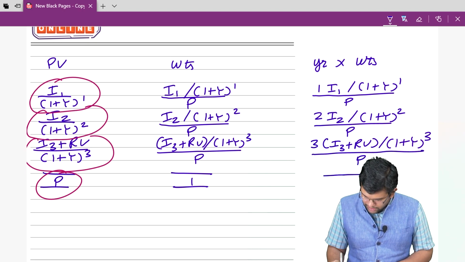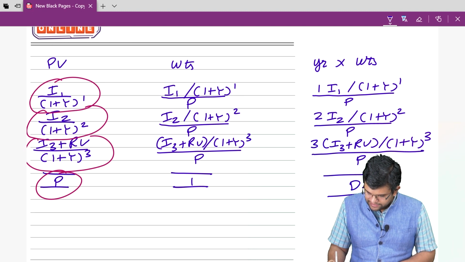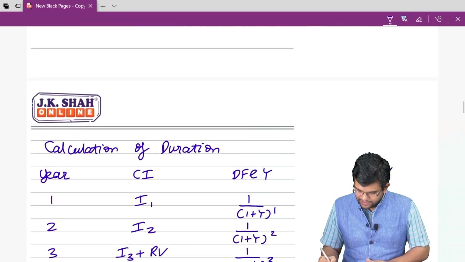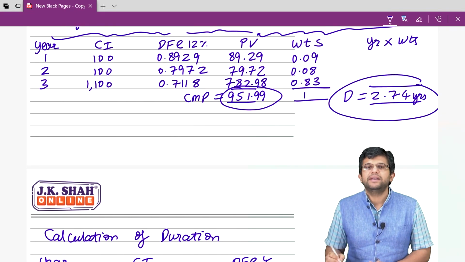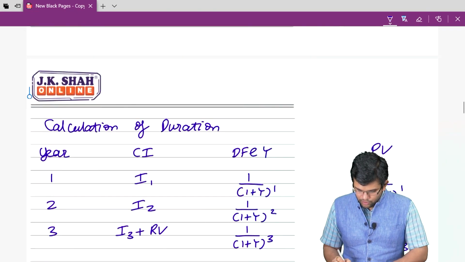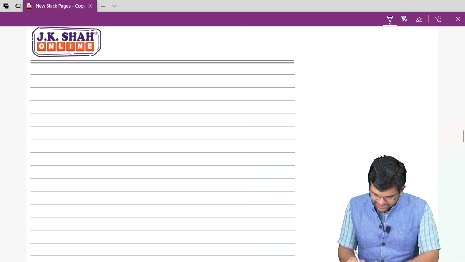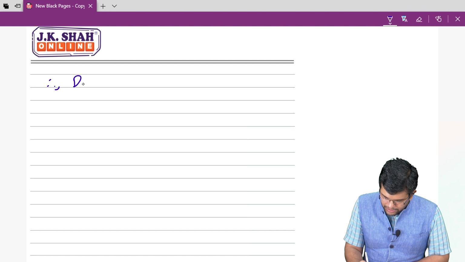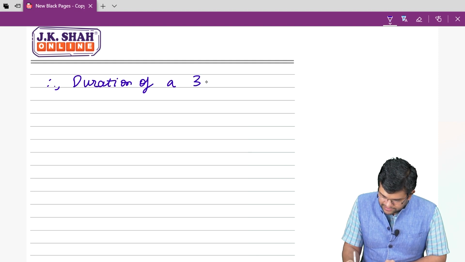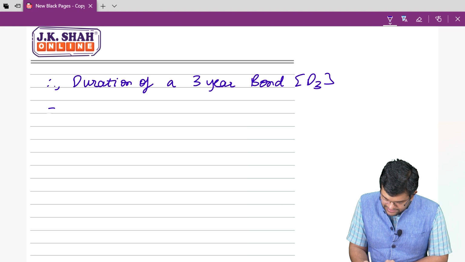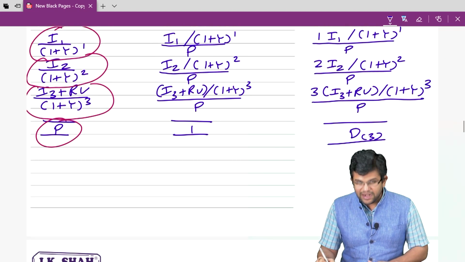And the total of this all is obviously the duration of a 3-year bond. Everybody clear? The total is nothing but the duration. Everyone understands till here? Okay. Now, let me take this outside. Can I say that therefore duration of a 3-year bond, I'll write it as D3, is equal to the sum of the last column, right?